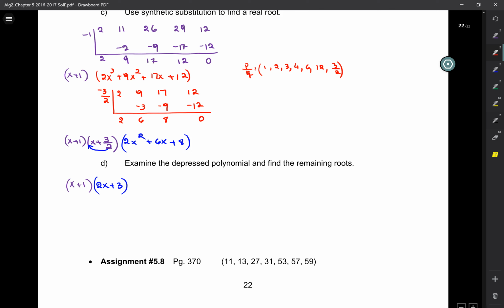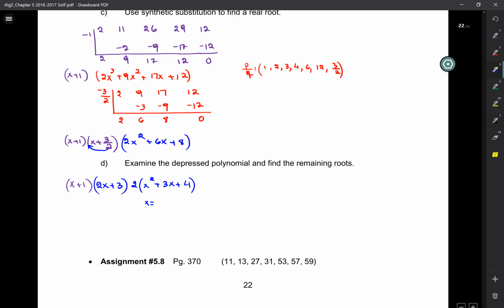Now, what about that blue equation? Can I factor anything out of it? 2. x squared plus 3x plus what? 4. Okay. Can't factor that one, but what else can I do? Quadratic formula.